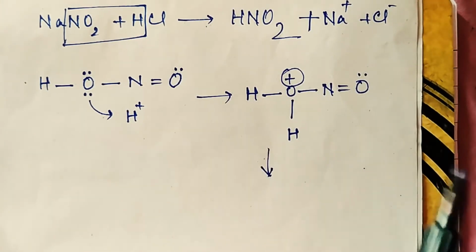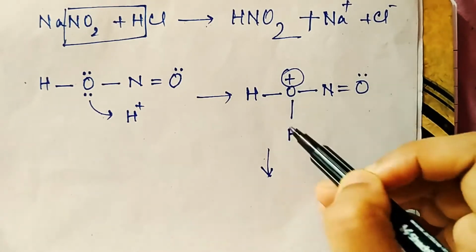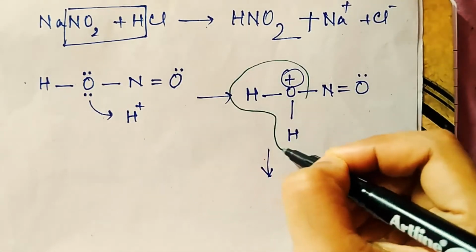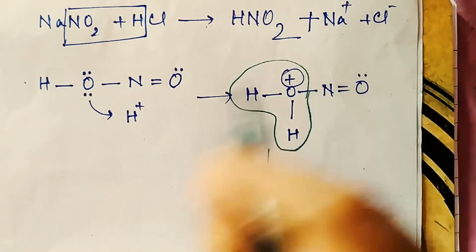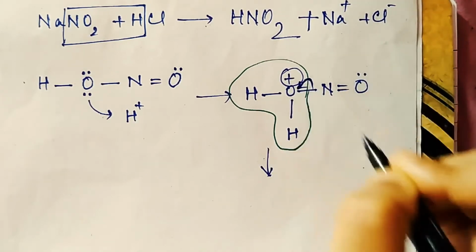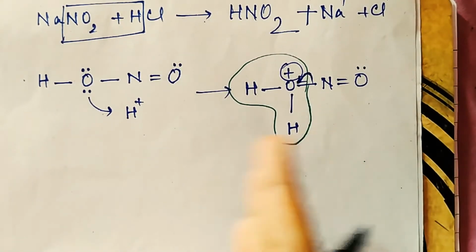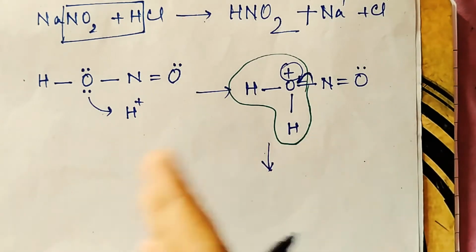Now if you see HOH, you can see this is a water molecule, right? So this sigma bond will break and the electrons will go onto the oxygen atom, so that it can leave this compound as H2O.